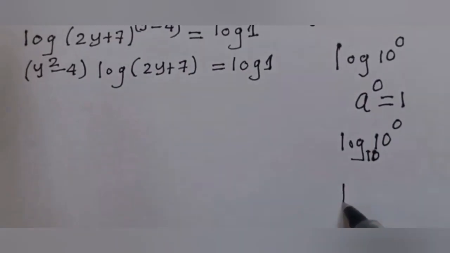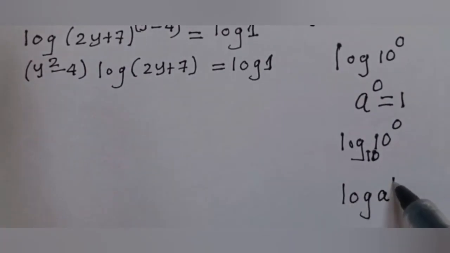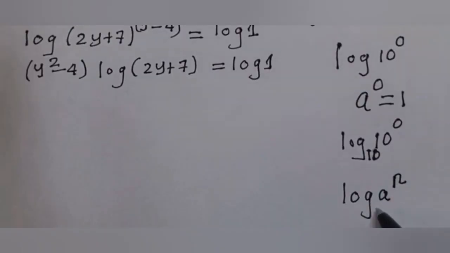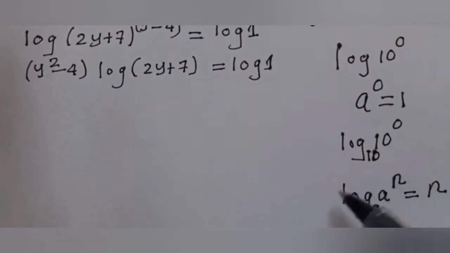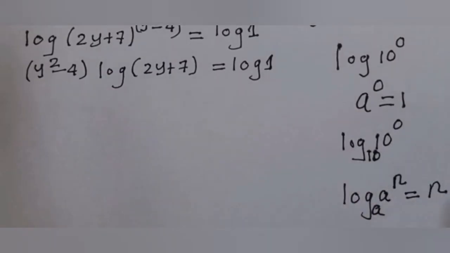So we know log A raised to n, base A, is equal to n. Let us apply this law of logarithm in this case. Here, A is 10 and n is 0.